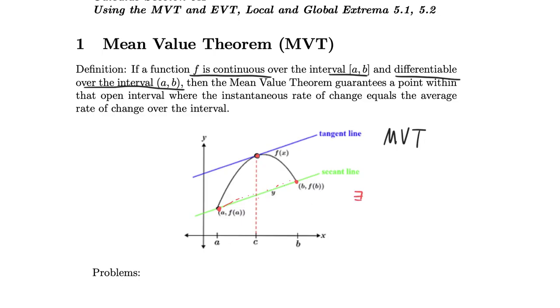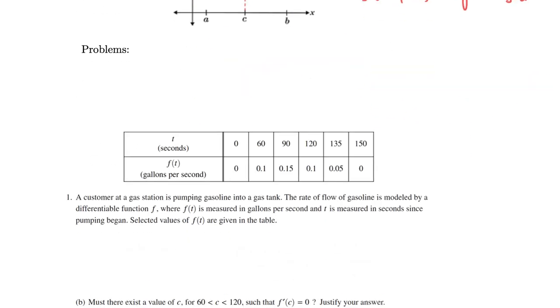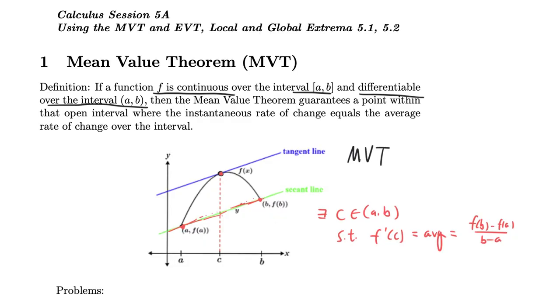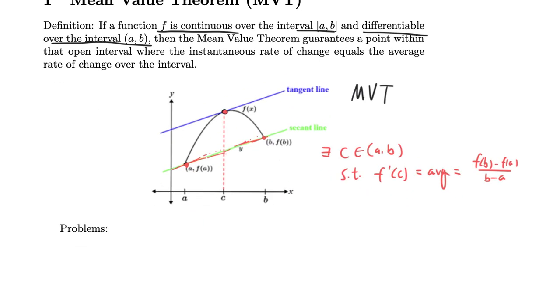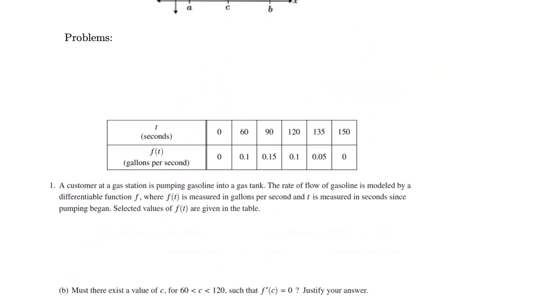So there exists a c between a and b such that f prime of c is equal to the average rate of change, which is equal to f of b minus f of a over b minus a, which is exactly the slope of the secant line that connects a and b. This is a very important theorem that is directly tested in many of the FRQ questions.